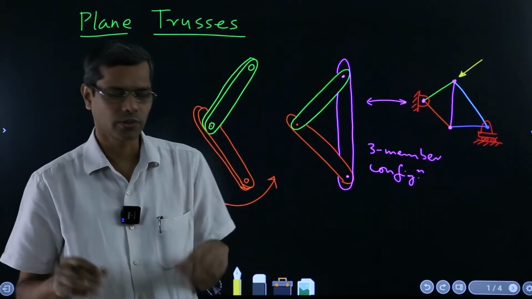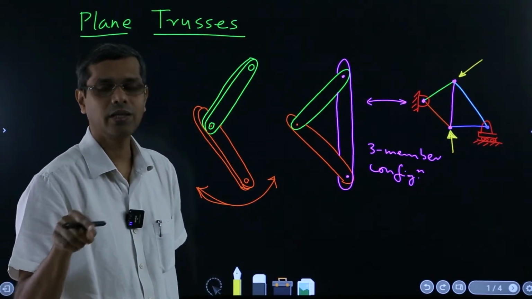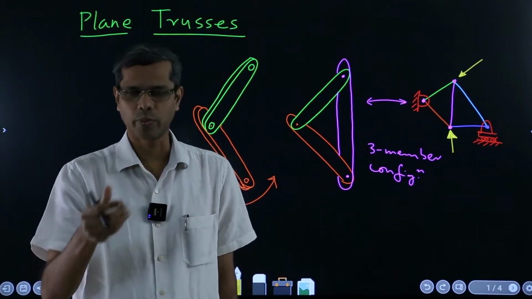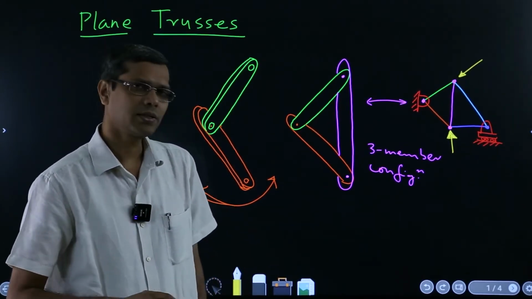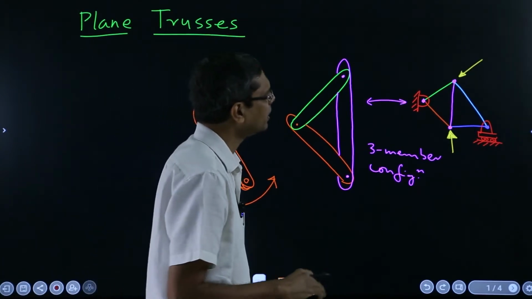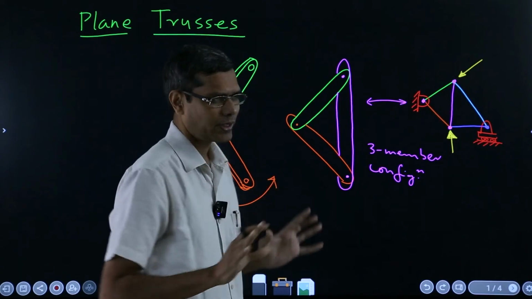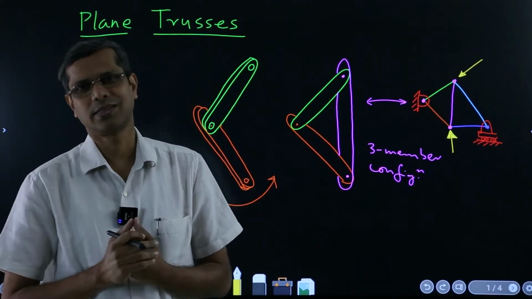So all the forces will be acting on the joints, and because there is no way that any of the bars can transfer any moment or the twisting effort to any other bar, we don't consider any moments acting there. So that is in a way defines what a truss is.